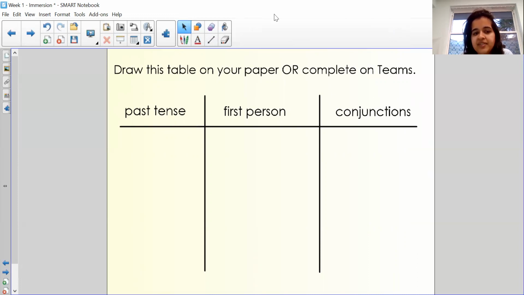Now once you have done that, you're going to go into the model text, and every time you see a verb in the past tense, you're going to write it down over here. Anytime you see a pronoun in the first person, you're going to write it down over here. Now, I've kind of already told you what the first person pronouns are, so you should be able to do that. And then anytime you see a conjunction that they've used, can you write it down over here? Or if you're doing it on Teams, you can type it over here.